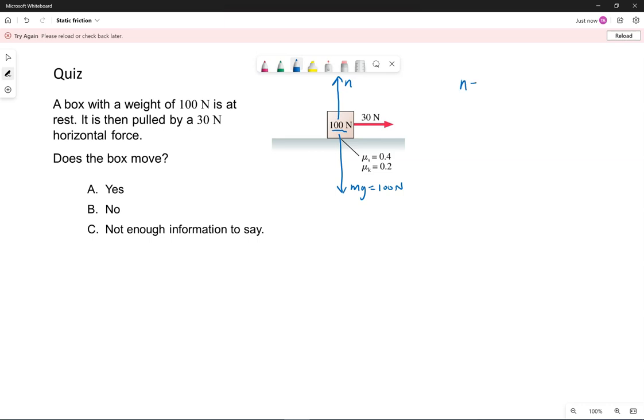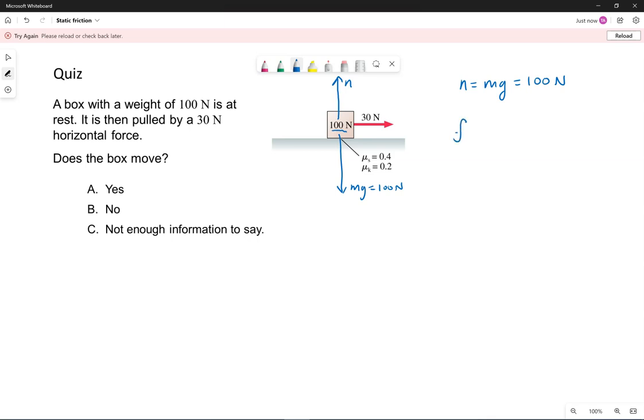We know the normal force has to equal mg, or 100 newtons in this case, simply because the only vertical forces are the normal force and the force of gravity. So they have to balance each other out in order for there not to be an acceleration in the y direction. So we know the pull in this case is 30 newtons, and we want to know if the box moves.